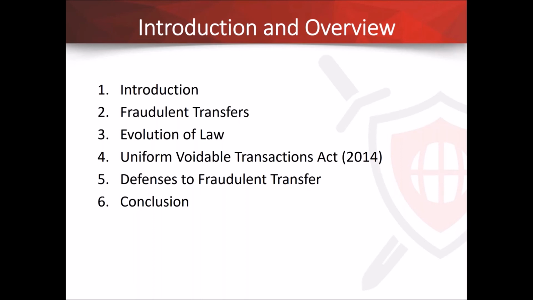So although there may be 50 factors associated with a fraudulent transfer, the lawyers are really focused a lot on valuation, insolvency, and intent. So let's start with the first aspect, which is an introduction.